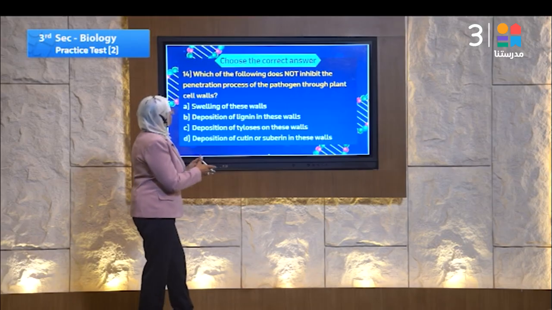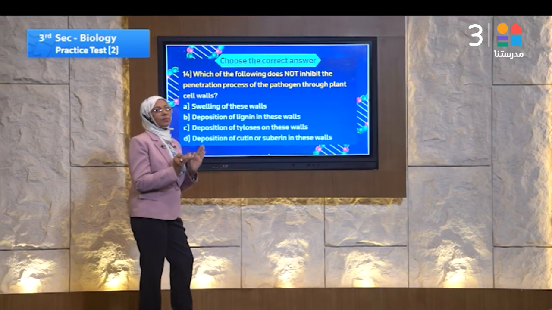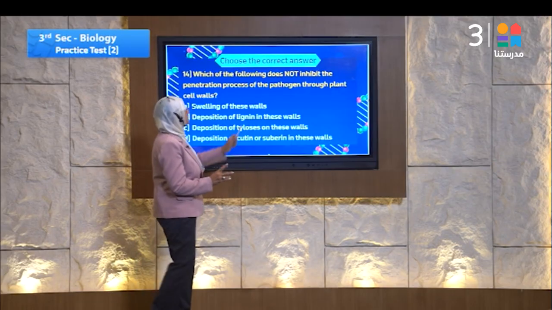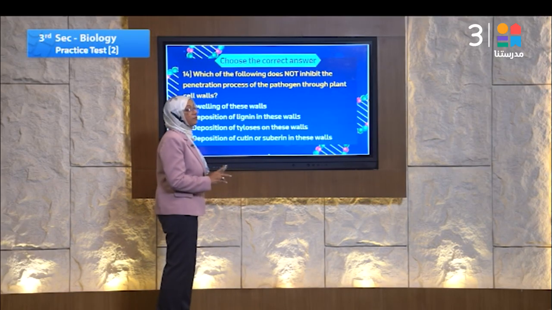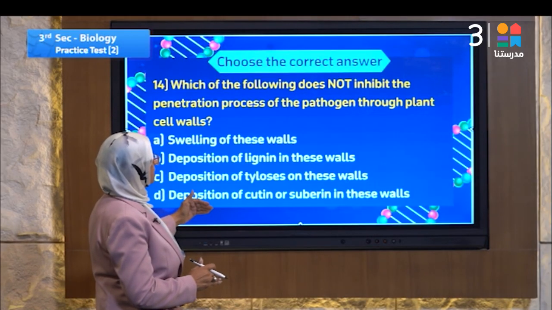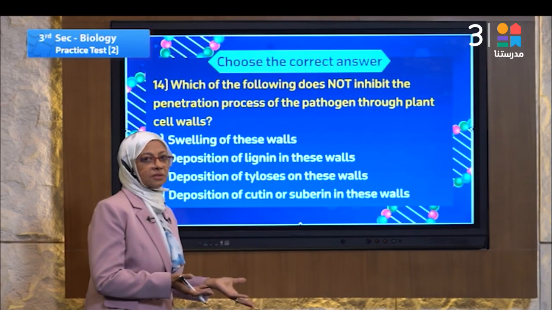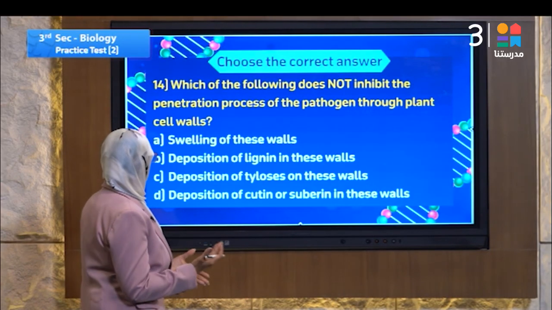Penetration means going inside. We have a special part in this question: does not inhibit. Does not. All of them let the pathogen inside the plant, except one. So we read the choices carefully.